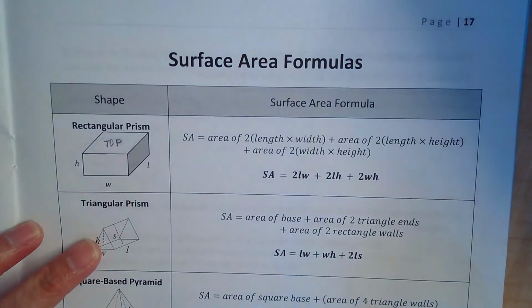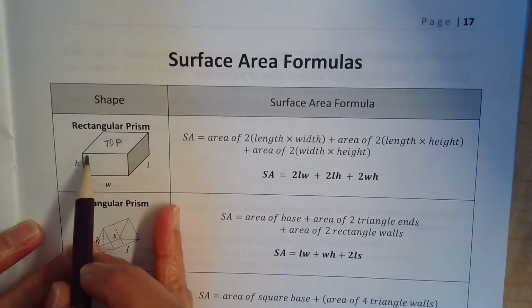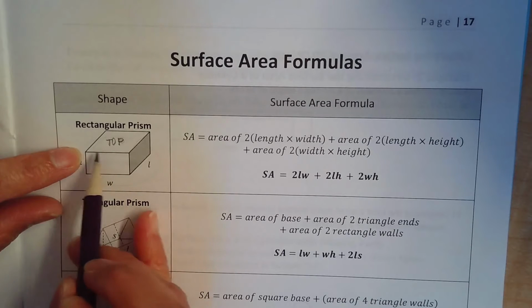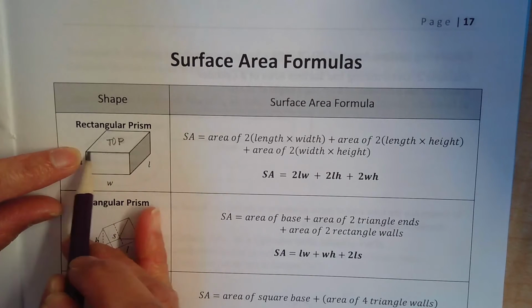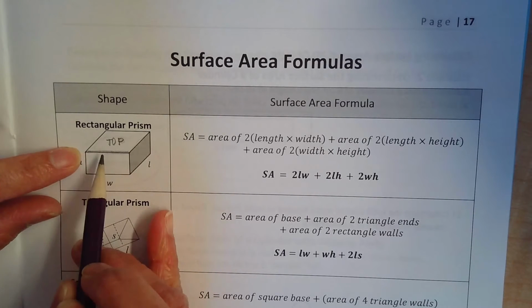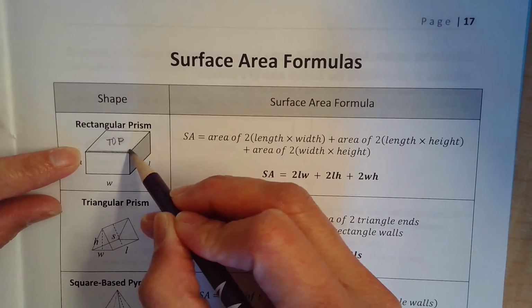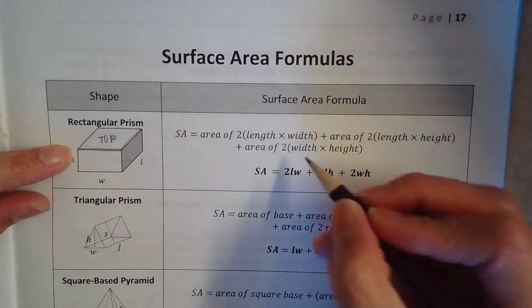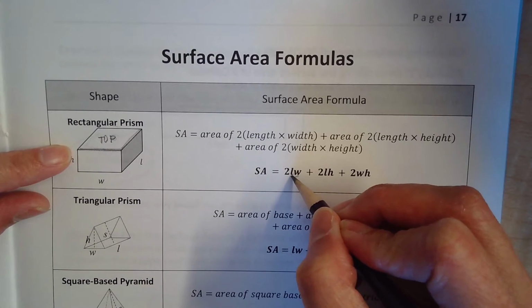So top and bottom. Now, how do we calculate the top? We know it's a rectangle, so the top would be width times length. You see that over here, length and width.